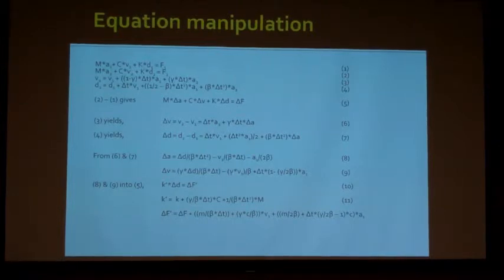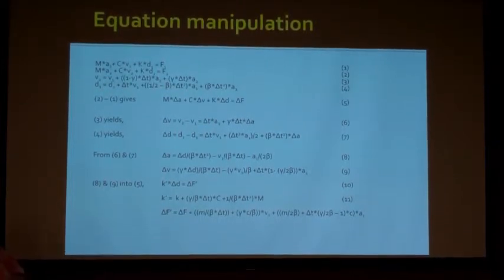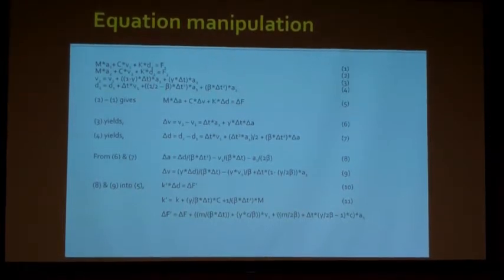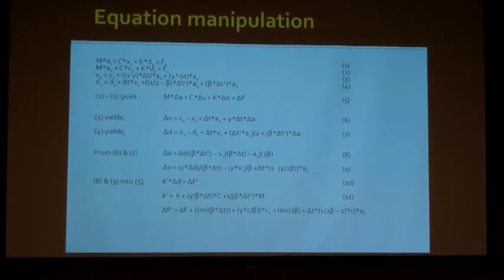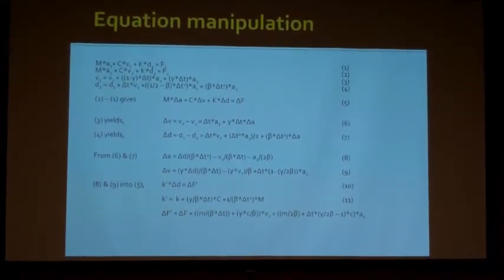And then 3 is going to give you delta V is equal to V2 minus V1, which is just change in time times the first acceleration plus gamma times the change in time times the change in acceleration. And then for U, it's generally the same thing.